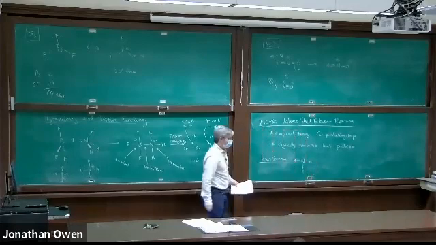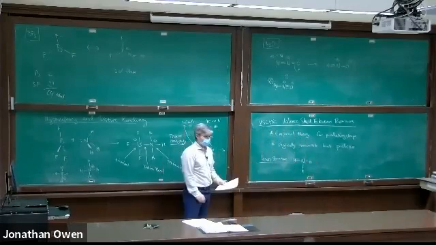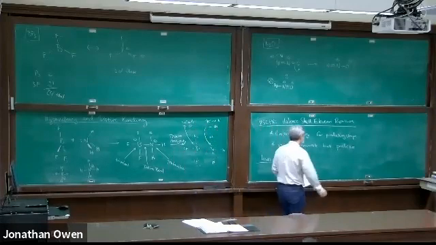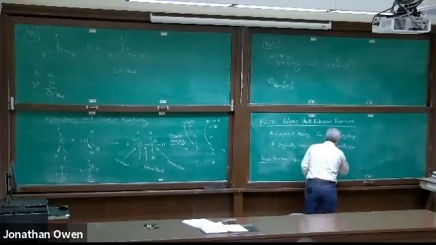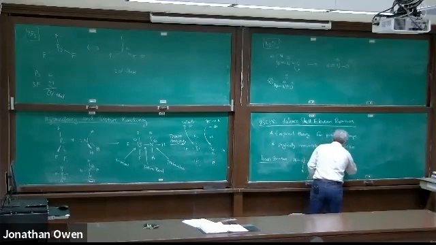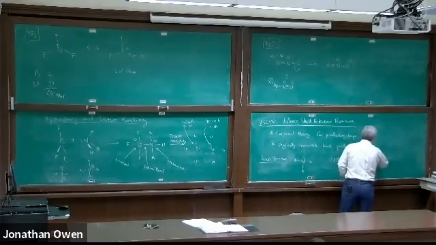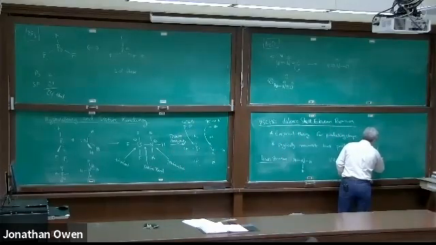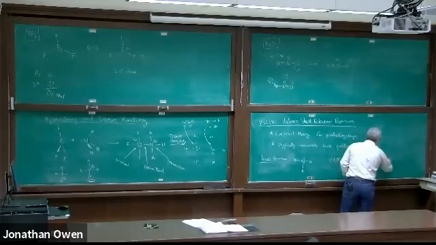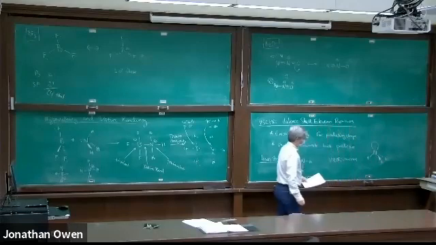All right, so Lewis structure. Something like ammonia. No shape implied. A VSEPR structure looks like this.